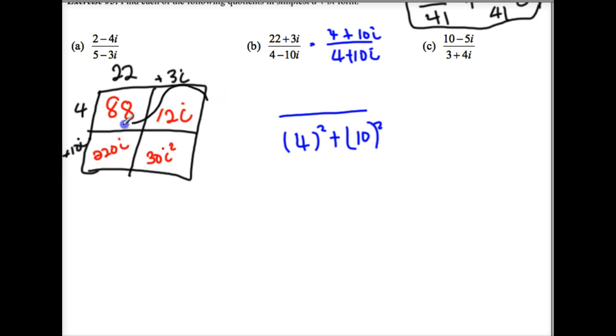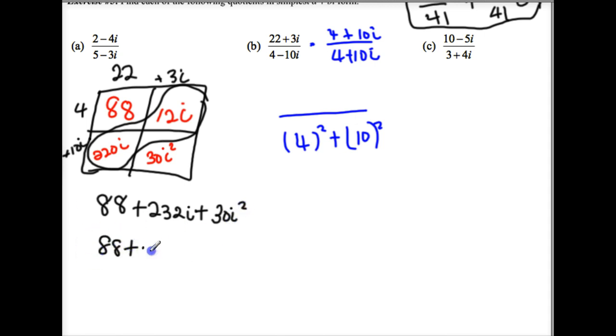So combining like terms, I got 88 plus 232i plus 30i squared. This is 88 plus 232i plus 30. i squared is -1.